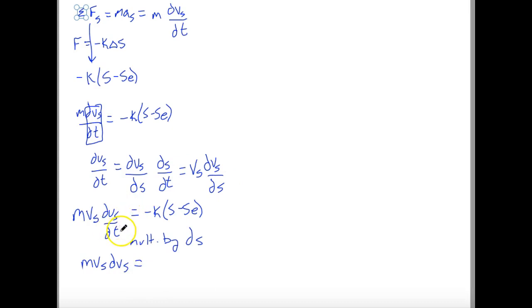You know what, the bottom here is actually ds, sorry. So we multiply both sides by ds. When I do that, I get m v_s dv_s because the ds's will cancel. And then on this side, I'm going to get negative k times S minus S_E times ds.